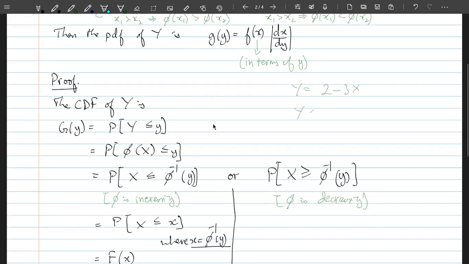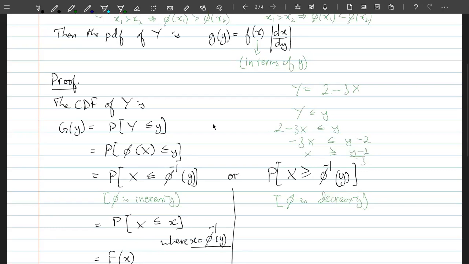Then if I write y less than or equal to y, it is 2 minus 3x less than or equal to y. So what happens? Minus 3x less than or equal to y minus 2, or x is greater than or equal to (y minus 2) by minus 3.